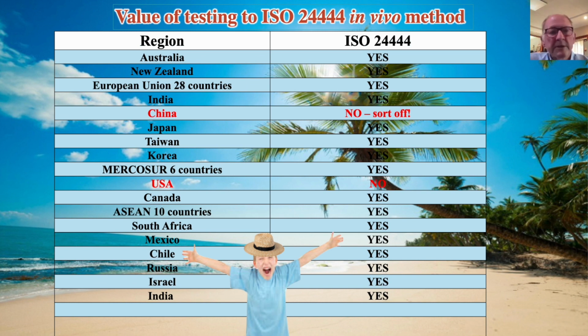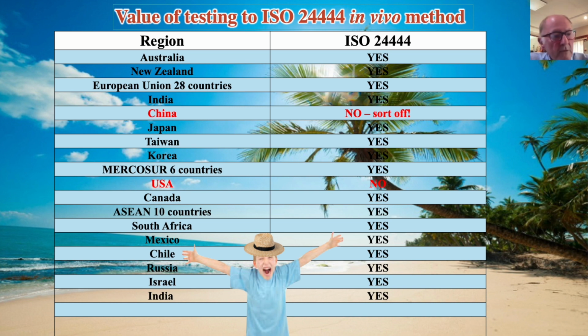So my suggestion to you is, clearly do not ignore for now the value of testing to the new ISO 24444. The reason is that last time I checked, there are more than 60 countries who still recognise it. It will take many, many moons, if ever, for all countries to possibly abandon the in vivo method.